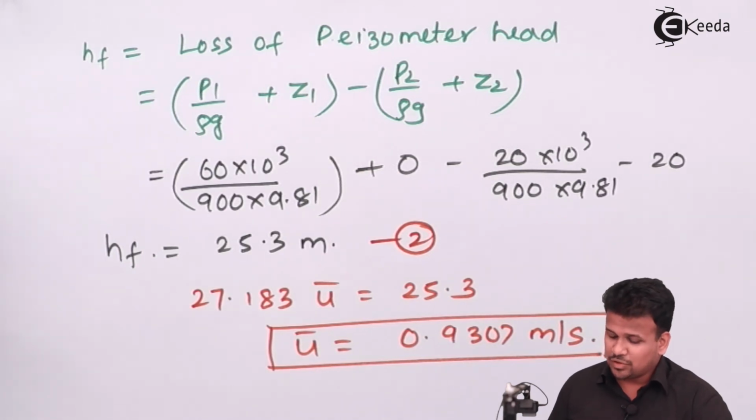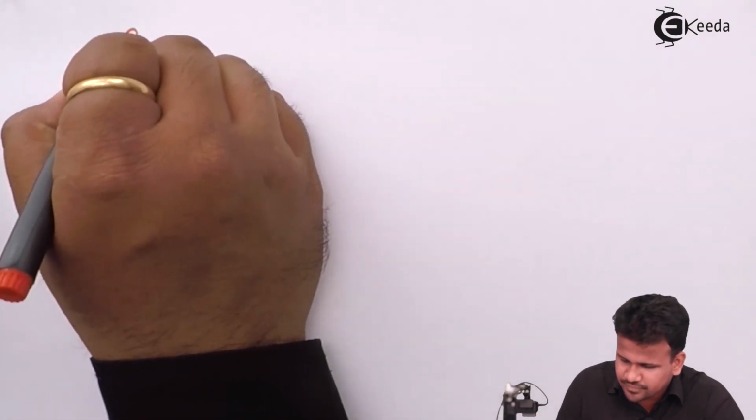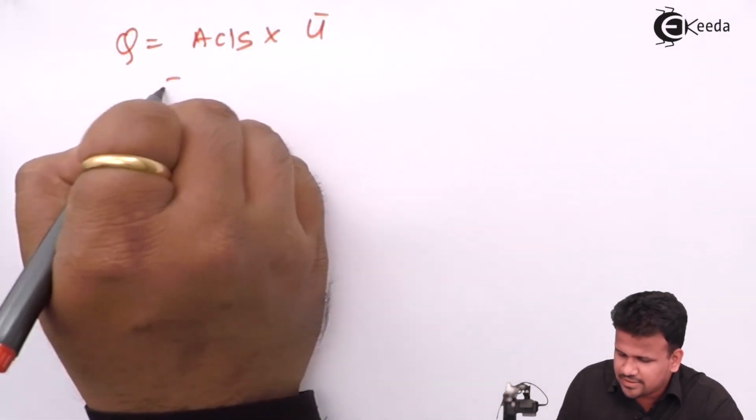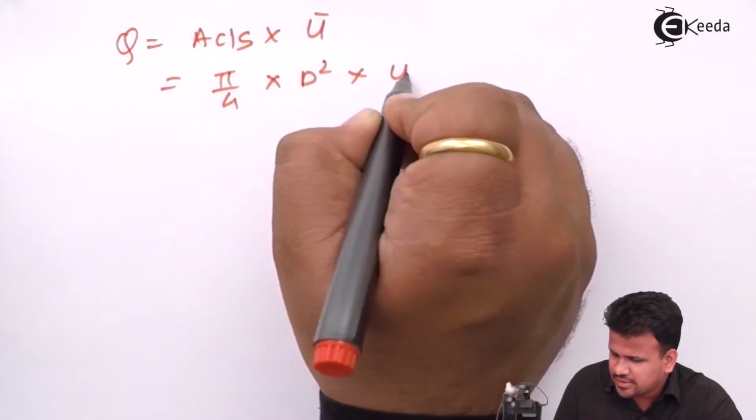Now let us calculate the flow rate in this vertical pipe. The flow rate will be given as Q equals area of cross section into u bar, that is pi by 4 into D square into u bar.